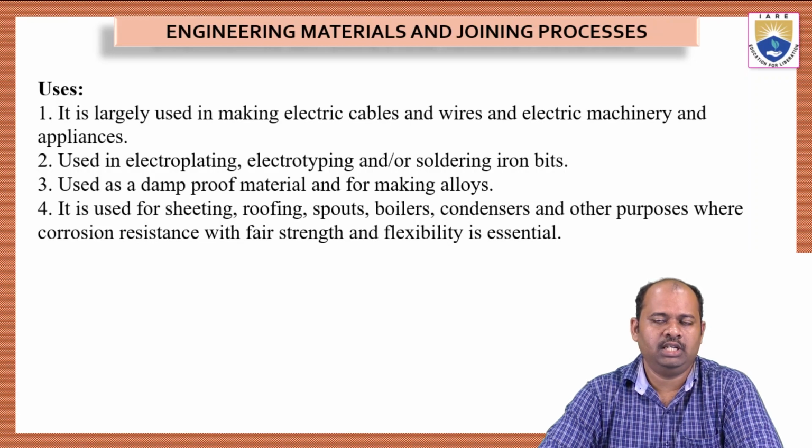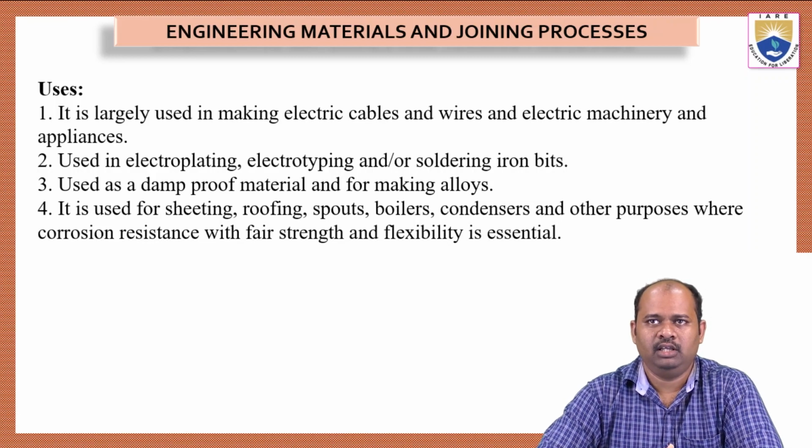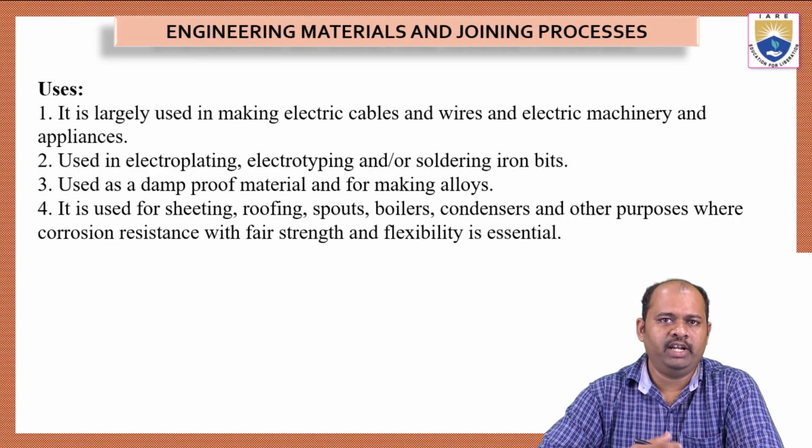All electric machinery and appliances, every electrical component we see around, will contain some amount of copper or mostly copper. All the electrical wirings are made with copper windings, and mostly the motors, DC motors, AC motors, are all wound with copper.